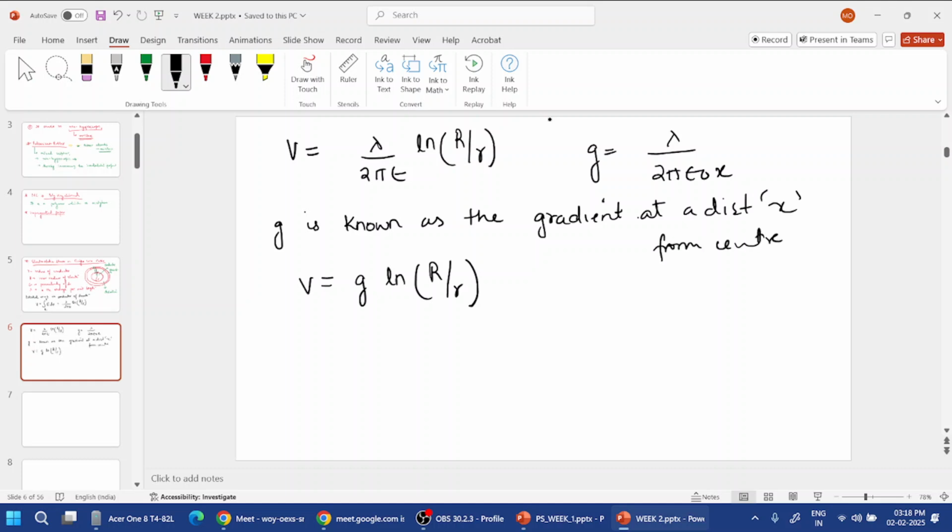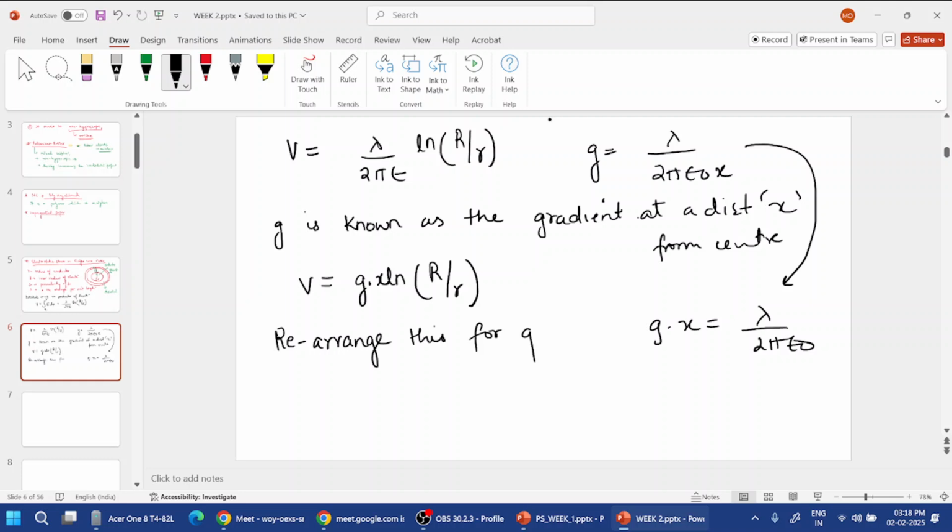So it will be G into x. If I rearrange this, Gx is equal to lambda by 2 pi epsilon naught. Now if we rearrange this for G, it will come out to be V upon x log capital R by small r.